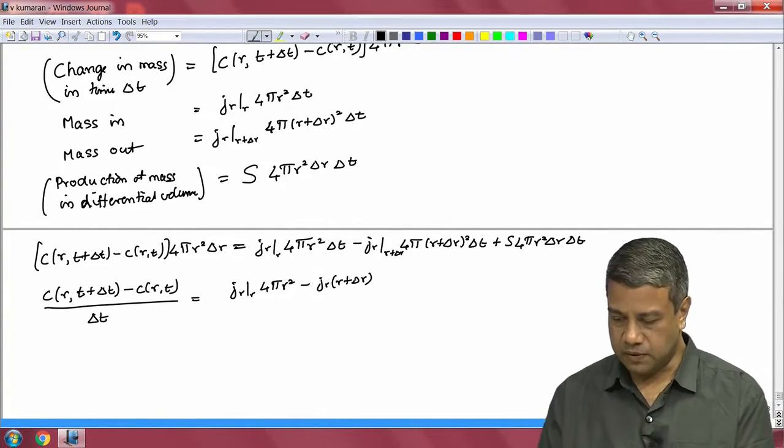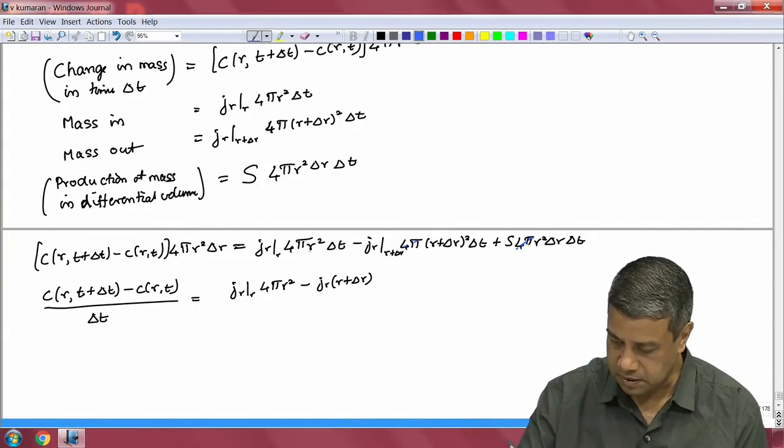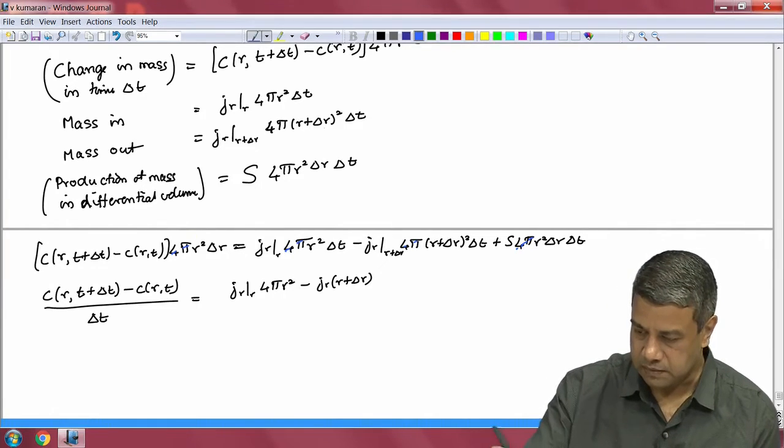These 4 pi's I can cancel out everywhere, because there is a 4 pi common factor in all the terms. So, I do not have to include the factor of 4 pi here.